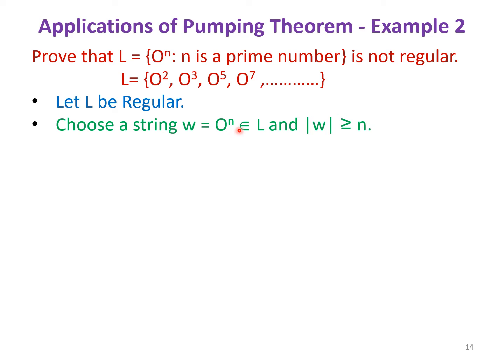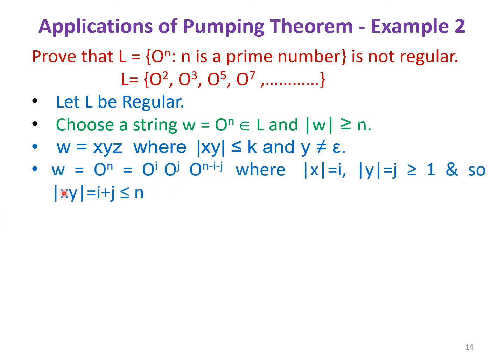So we have chosen the generalized string 0 raised to n which belongs to L, and its length is less than or equal to n. At present its length is equal to n. If so, then partition the string into x y z in such a way that the length of x y is less than or equal to k and y is not empty.